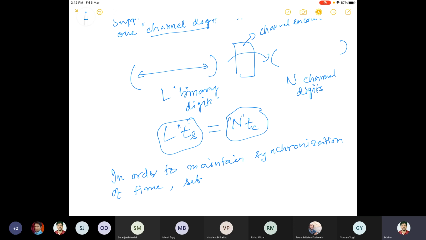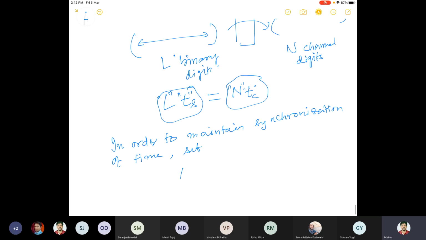I know L, I know Ts, I know Tc. Now I want to fix what my n is. So I want to fix this n to be equal to the floor function of L Ts by Tc.